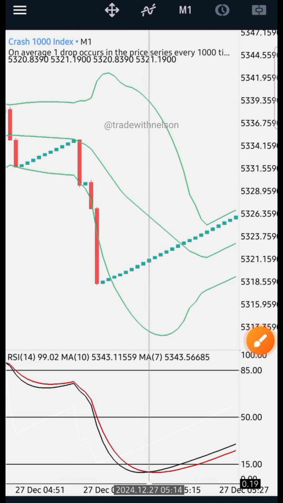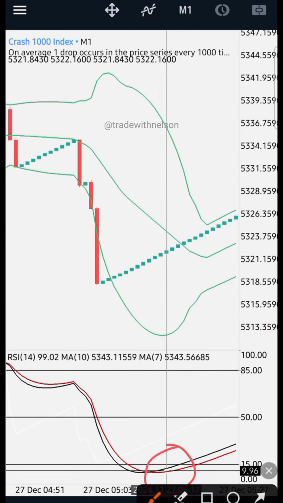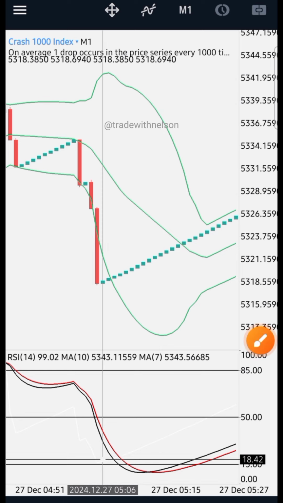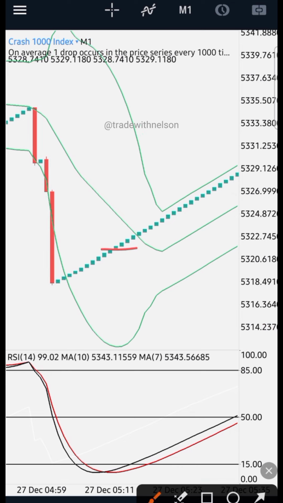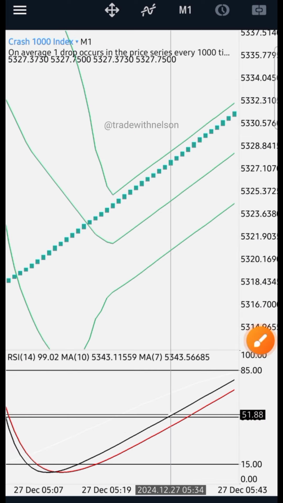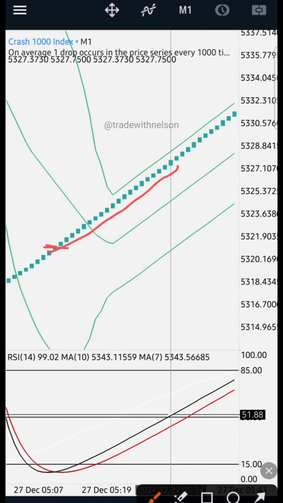So once we have that, we look for when the crossing is visible. As you can see over here, the crossing is visible around this point. So for the risk entry, we can enter at this point and hold our trade until it touches the 50 level, from this point to this point, then we exit the trade.